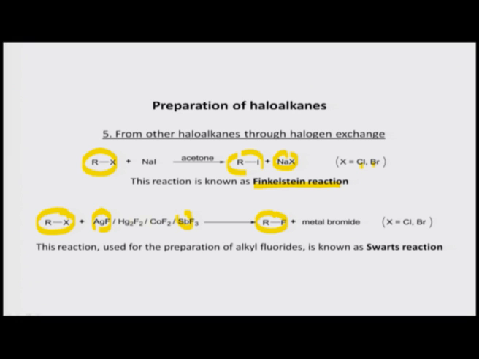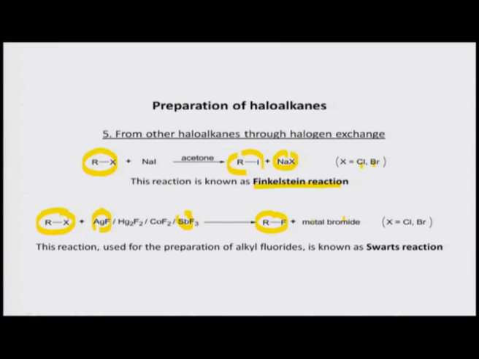In the case of these metals, the corresponding bromides and chlorides are more stable. So once we treat them with an alkyl chloride or an alkyl bromide, the reaction proceeds by the formation of the corresponding metal bromide or metal chloride, plus the corresponding fluoroalkane. So this again is an exchange reaction.